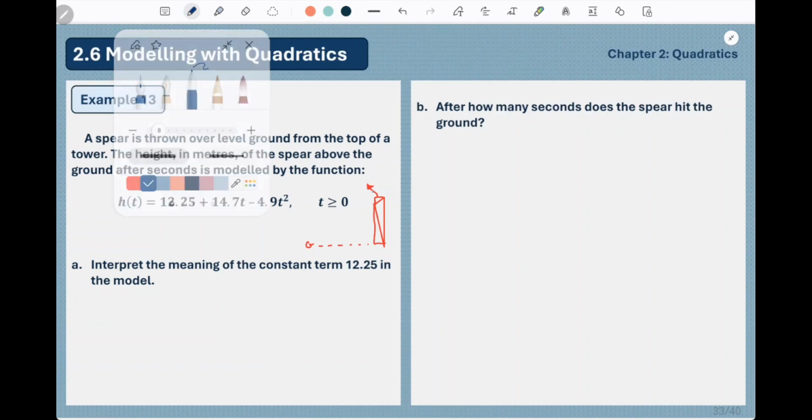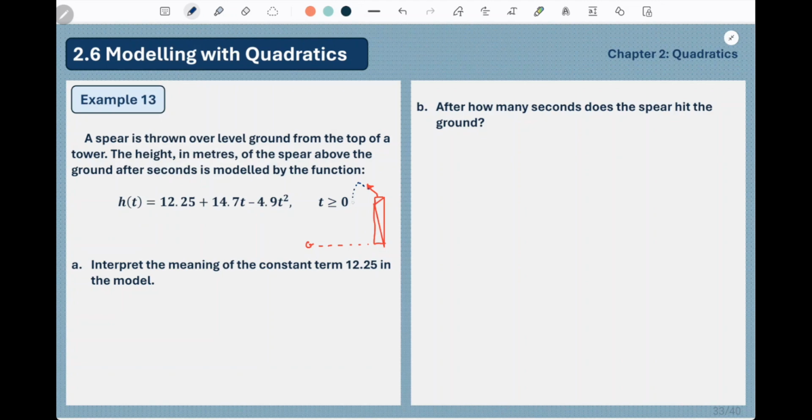Hence why we modeled it with a quadratic equation. It's going to go like this and reach a certain height, because the coefficient of the squared term is negative, and as we said in previous sessions, when we have a negative coefficient, the graph has a maximum and looks like this.